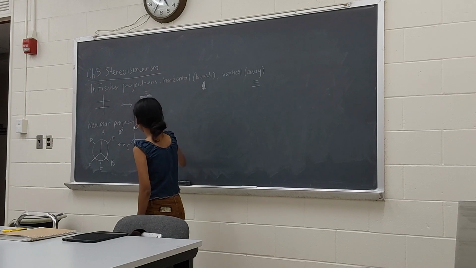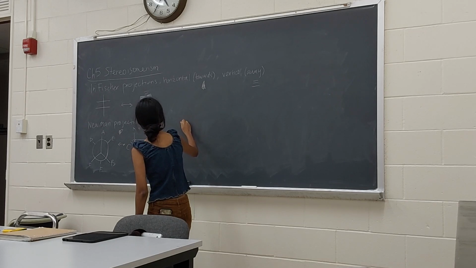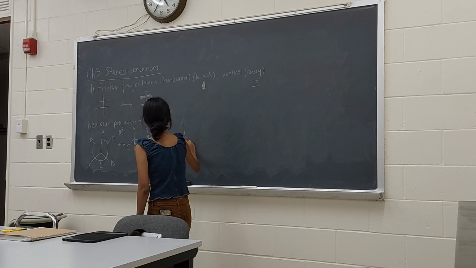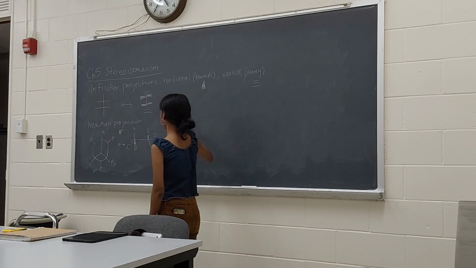And then this can easily be turned into Fischer. You don't even have to draw it out, but obviously the ones on the dashes are on top and bottom, right?